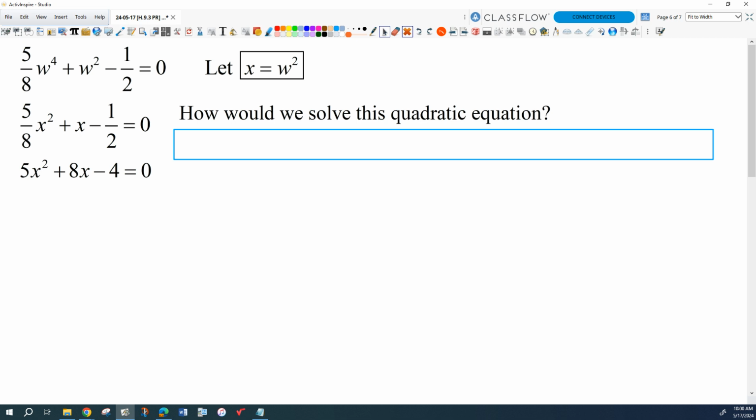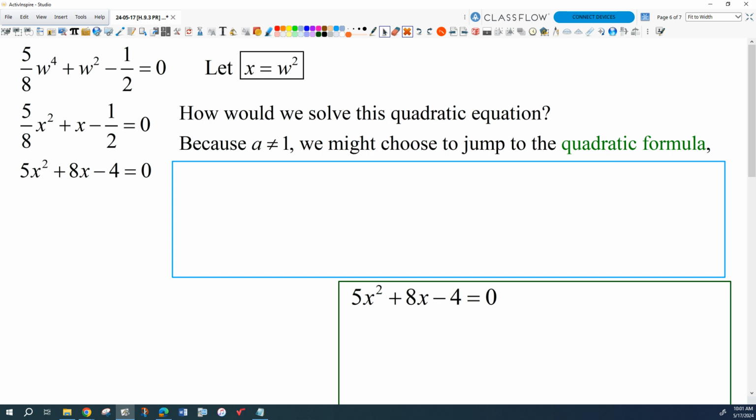That's it, yeah, how'd you get those? Because 5 times negative 4 is negative 20. Good. So you guys see that, right? You know that you're going to be able to factor this by grouping if you can find numbers that multiply to the outer product, so multiply to negative 20 and add to 8, which would be positive 10 and negative 2, right? To me, that's the quickest way to do it. Otherwise, you would just jump down to the quadratic formula.